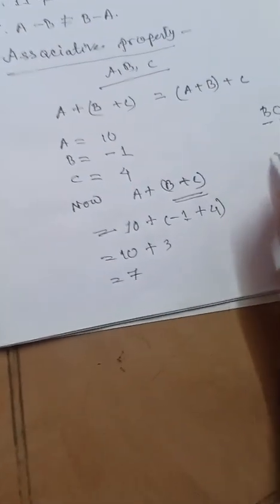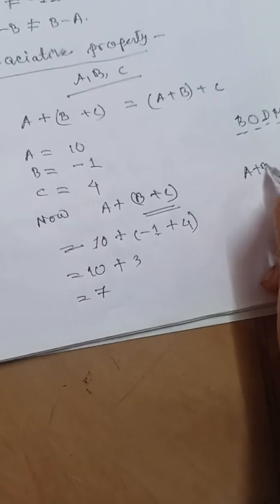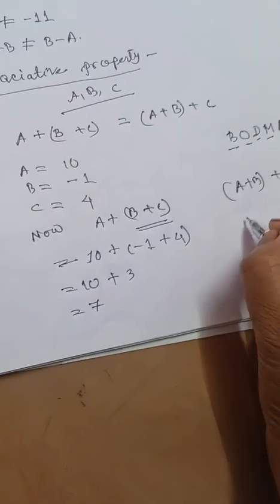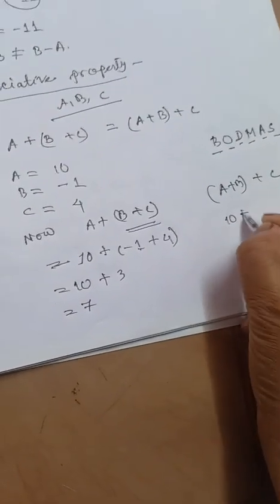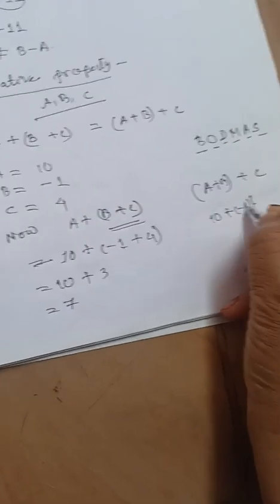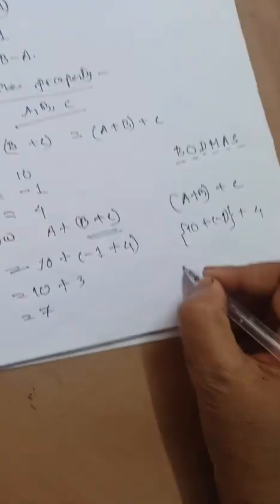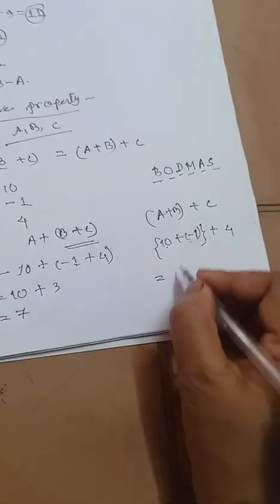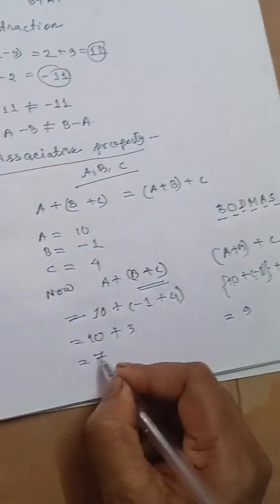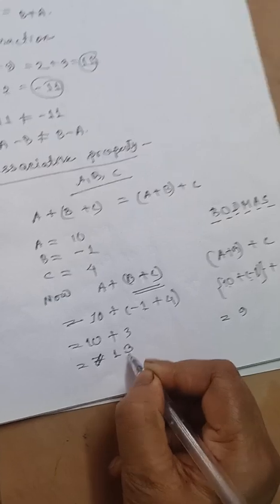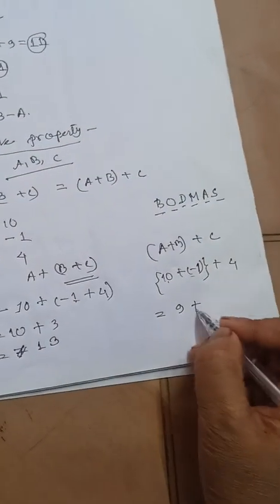And again A plus B bracket plus C. A means just 10 plus minus 1 plus C. C means 4. This is 10 plus minus 1 means this is 9. 9 plus 4, 13.